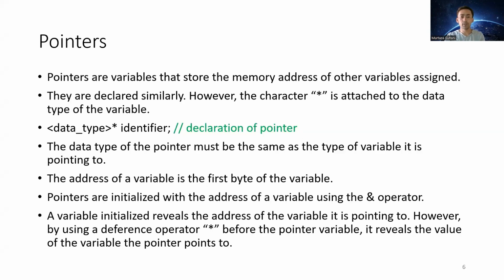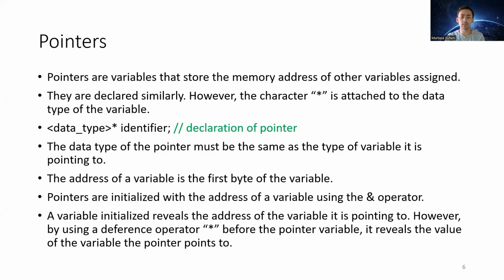Okay, let's get to the pointers. Pointers are variables, very important. Pointers are variables that store the memory address of other variables which are assigned to pointers. And the way we declare pointers are similar to other variables.